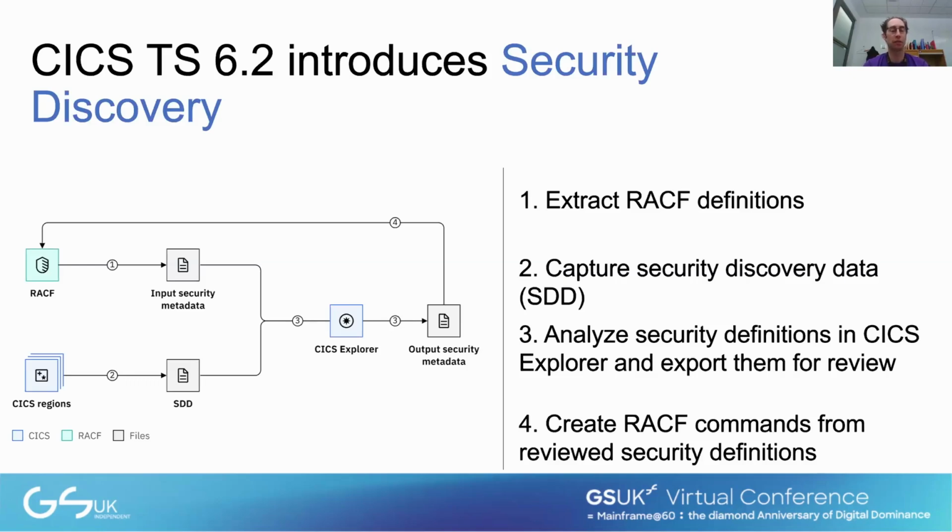So putting your resources into member lists, associating access to those member lists with particular roles, and ultimately creating a new set of RACF definitions matching the requirements for accessing those resources.